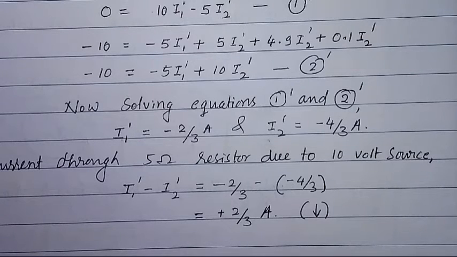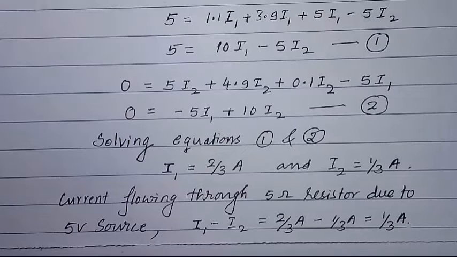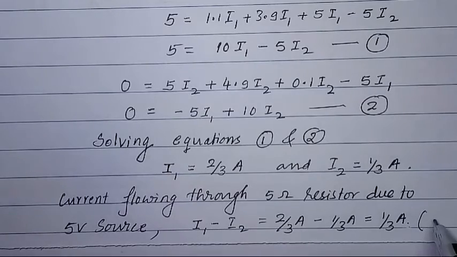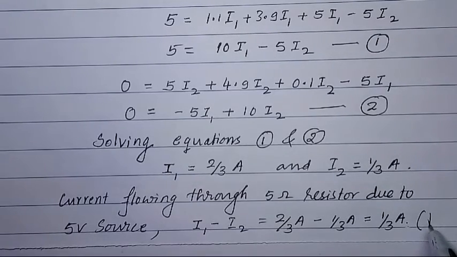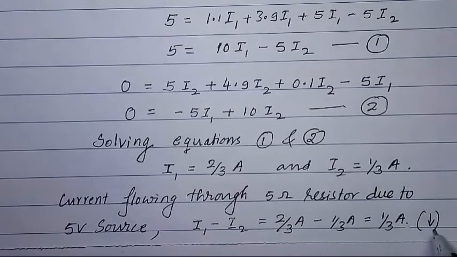When we considered 5 volt source, then we had got I1 minus I2 equal to plus 1 by 3 ampere, which meant that 1 by 3 ampere of current is flowing in the direction of I1 and I1 is flowing in downward direction through 5 ohm resistor.